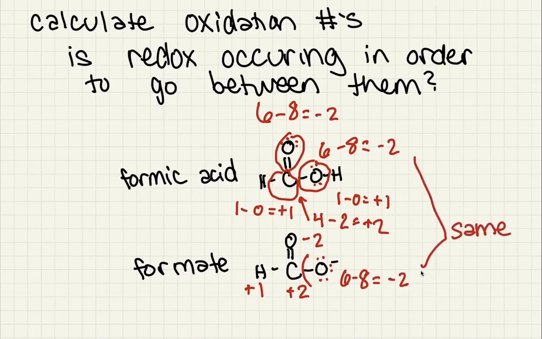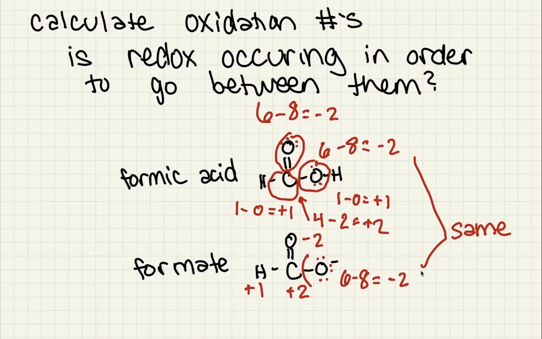The reason is that in the hypothetical split, oxygen would get to keep the electrons from the hydrogen, and so in the actual split, it also keeps the electrons. So it's not going to change its oxidation state if it's just losing a proton, because it was already owning that hydrogen's electrons in the first place.